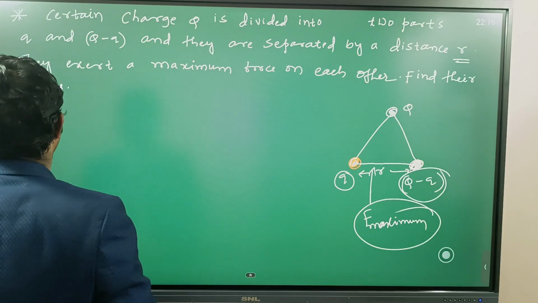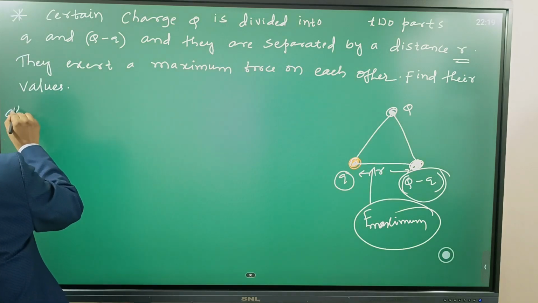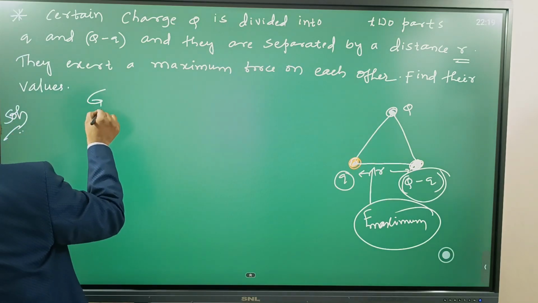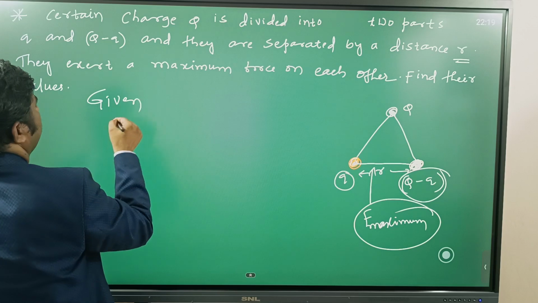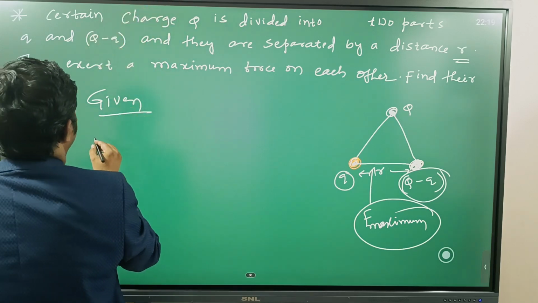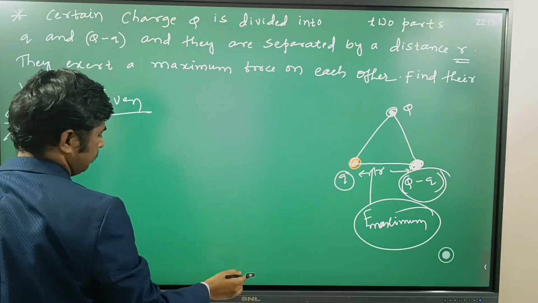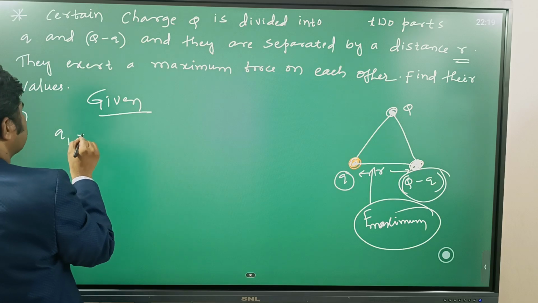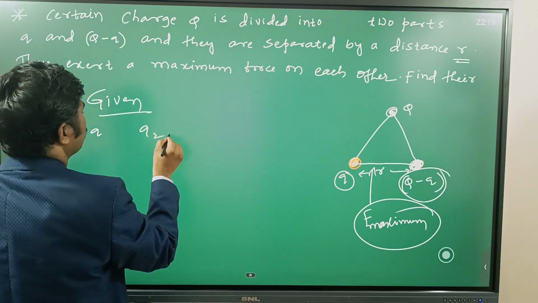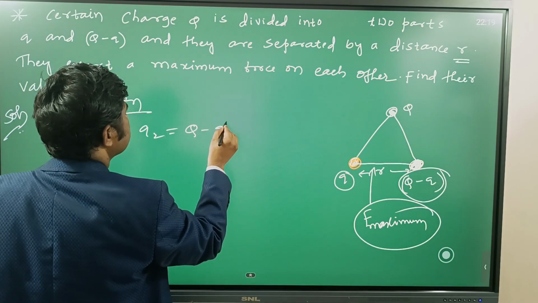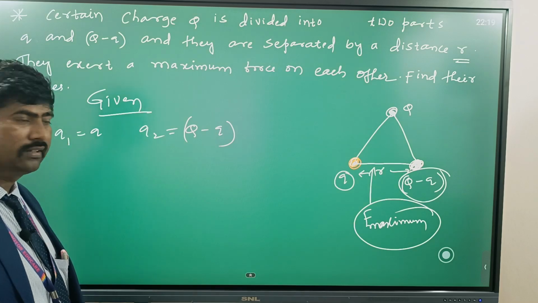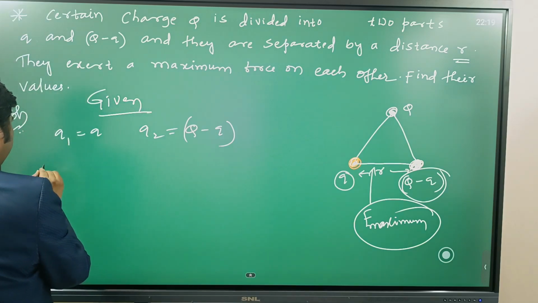Very simple problem. So first let us write. These are the two charges, that is q1 is equal to q and q2 is equal to Q minus q. Are you clear? So according to Coulomb's law, what can we write?